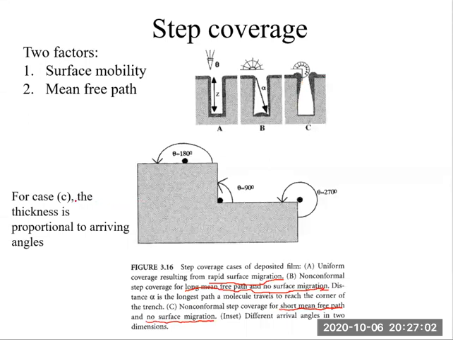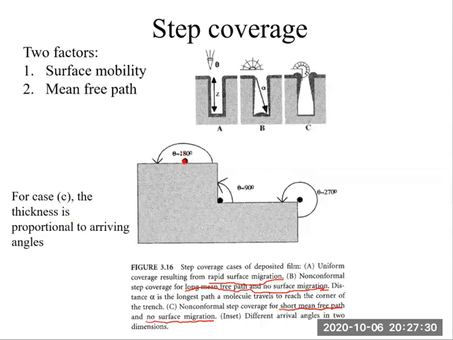That's because in case C, namely when the mean free path is very short and no surface migration, the thickness of the thin film is proportional to arriving angles. What is the arriving angle? Actually, it's very simple.